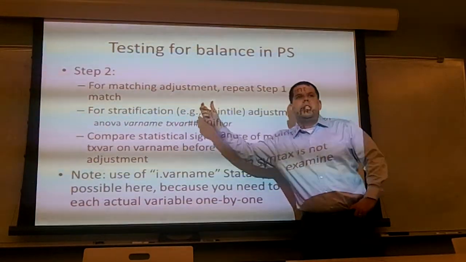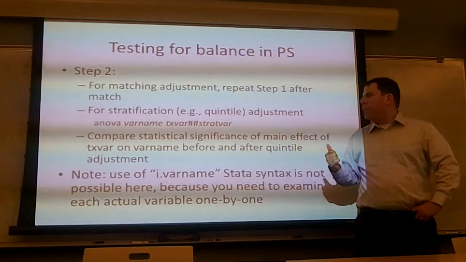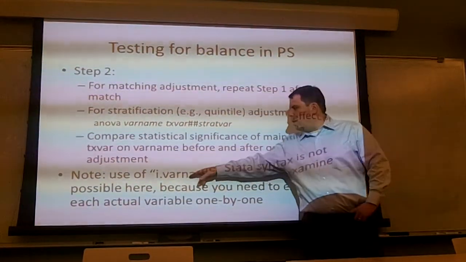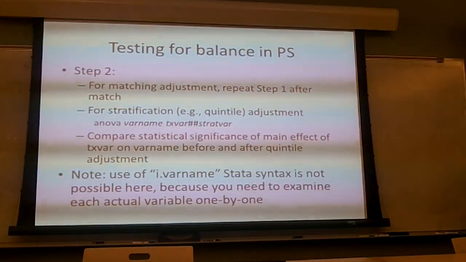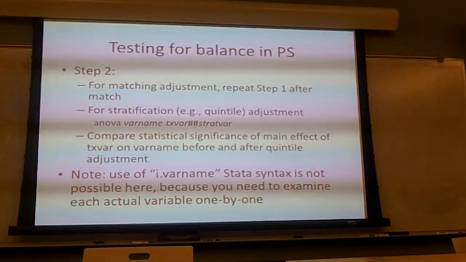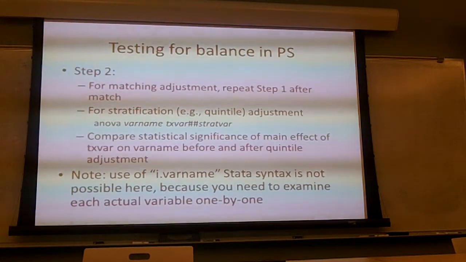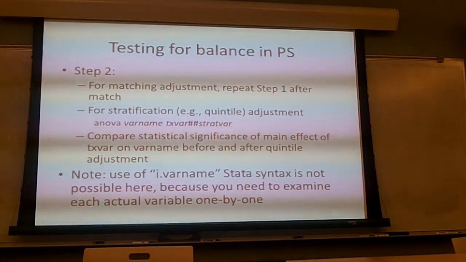What you really want is each dummy variable that corresponds one by one to the categories of that var name. So if you include i.varname as a dependent variable, it will break down. Stata says you can't do that. In that case you might need to manually create dummy variables from your main categorical variable.